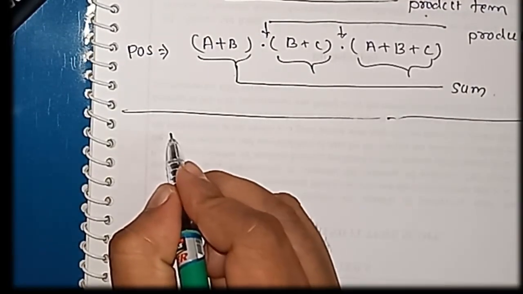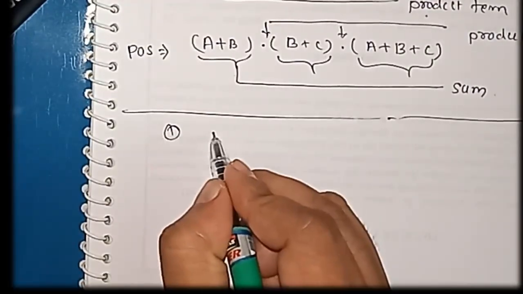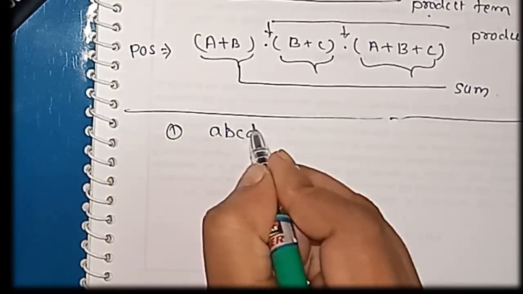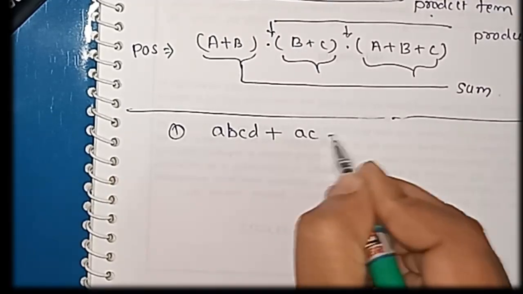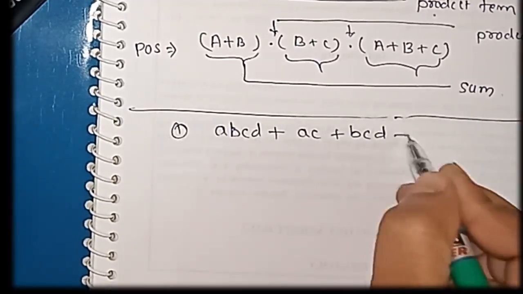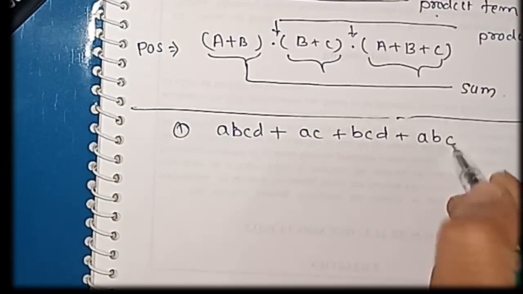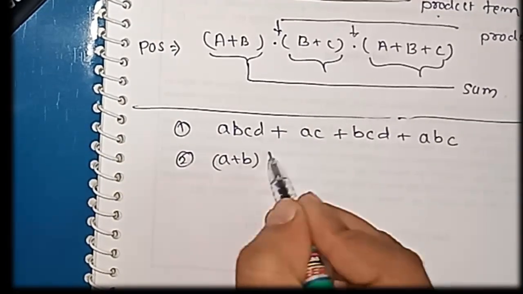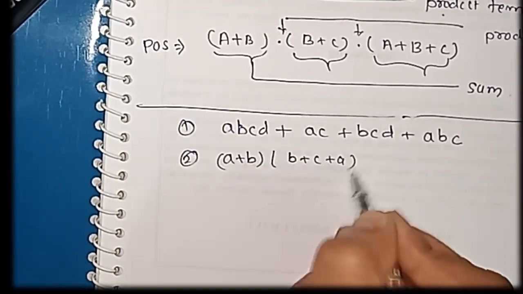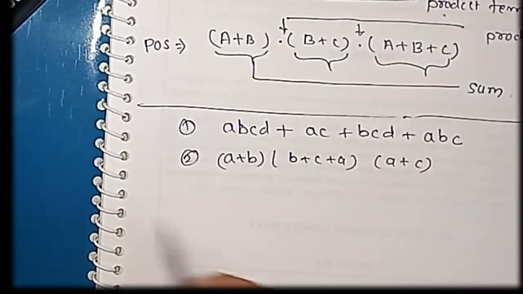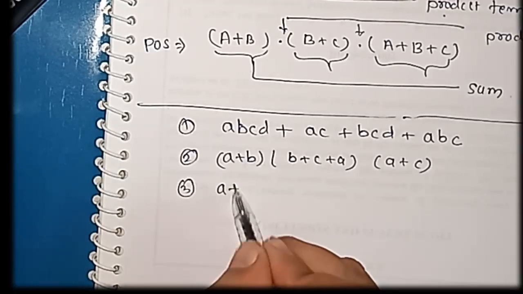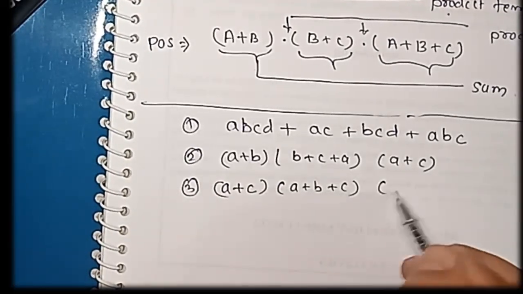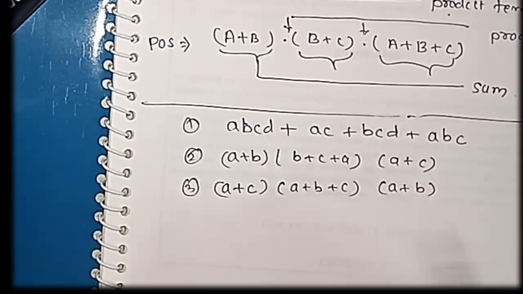Now here I will give you some examples. Suppose the first example is ABCD plus AC plus BCD plus ABC. Second example is (A plus B) into (B plus C) plus A into (A plus C). Third, (A plus C) into (A plus B plus C) and (A plus B).